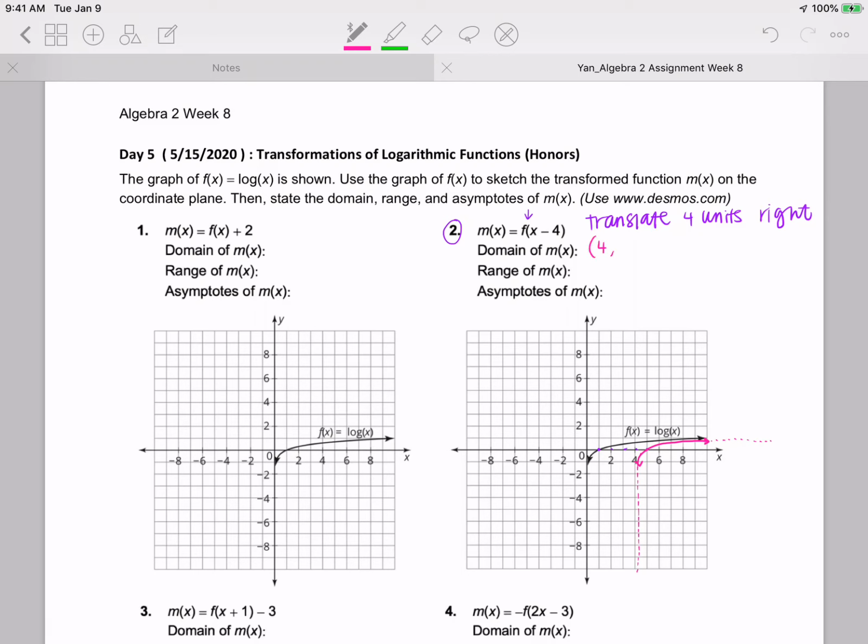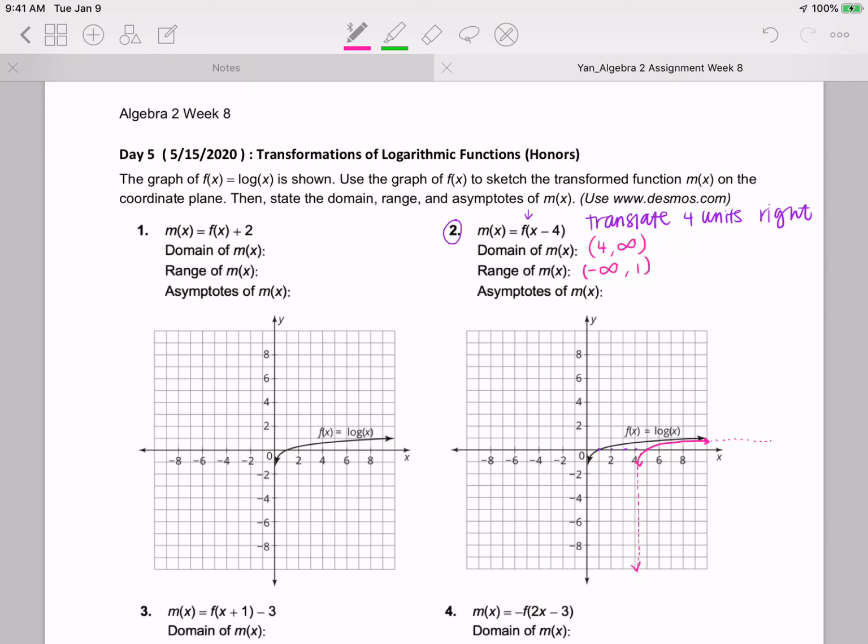So I'm going to use a parentheses for that because that means I'm not including 4, but everything after 4, it's good to go. And it's going to the right side, and it doesn't stop. So it's going to be infinity right there. And then now for range, this is going to keep going downward. So we're going to have negative infinity, comma, and the highest that it goes up to is 1, but not reaching 1.